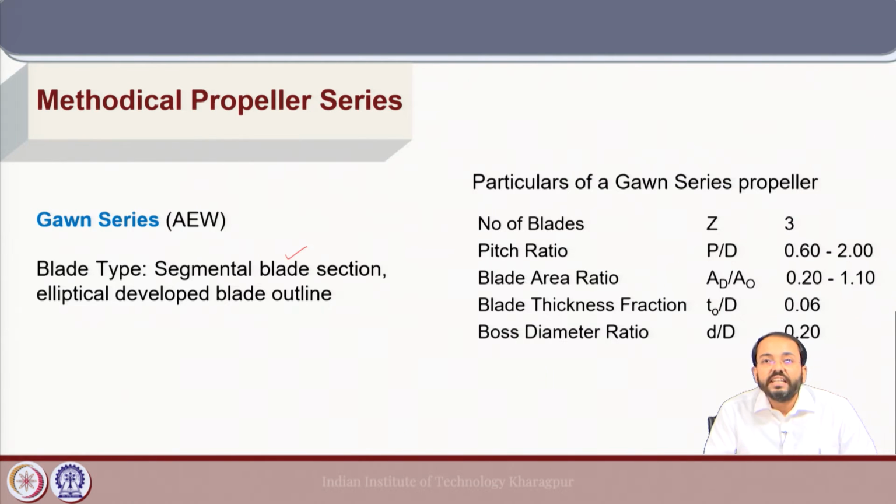So, here we will see in the Gawn series the variation is on the pitch ratio P by D, which varies from 0.6 to 2, and the blade area ratio, which is defined by the developed blade area in this particular series divided by the disc area, is varying between 0.2 and 1.1. So, based on these, a range of open water diagrams are constructed which can be used for analyzing and designing propellers under these particular series.